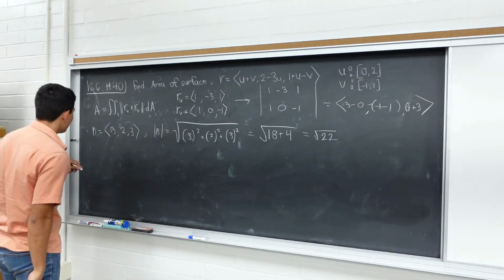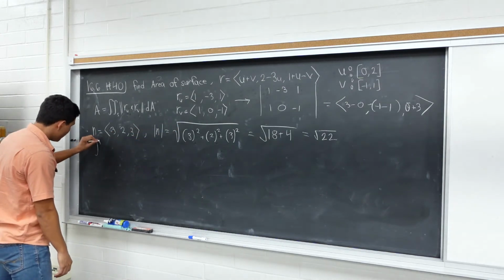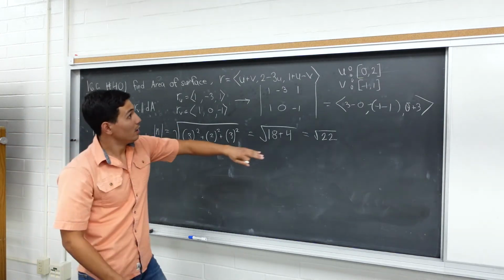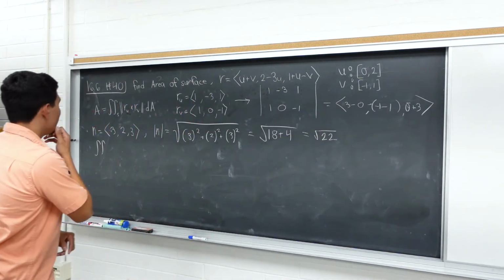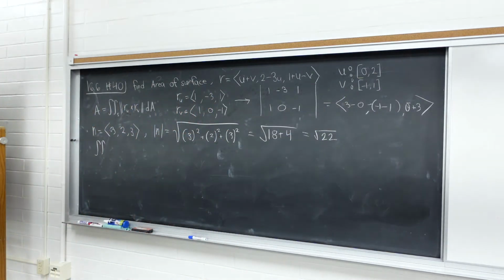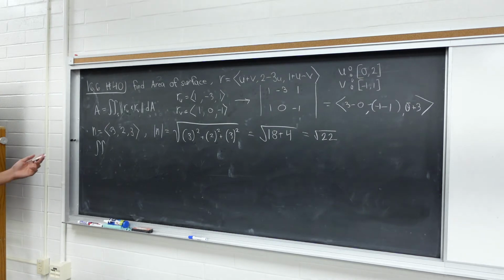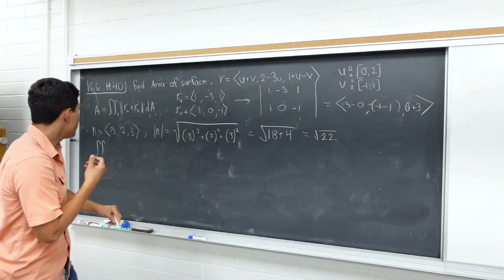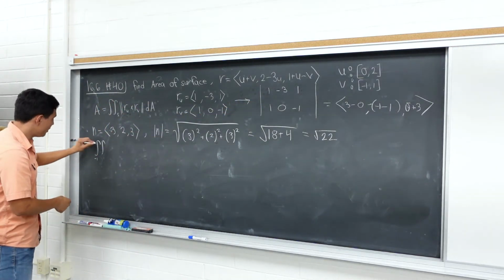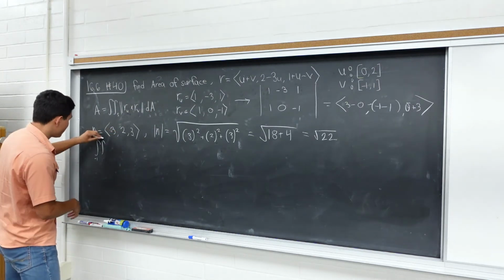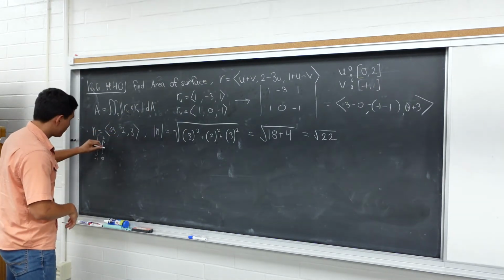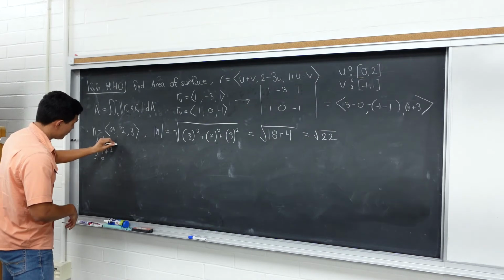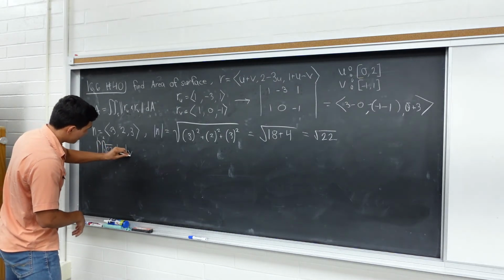That's our integrand, okay? So now we can do our integral. And what is it from? Well, we'll start with the v bound, negative 1 to 1. And then u is going to be from 0 to 2, square root 22 du dv.